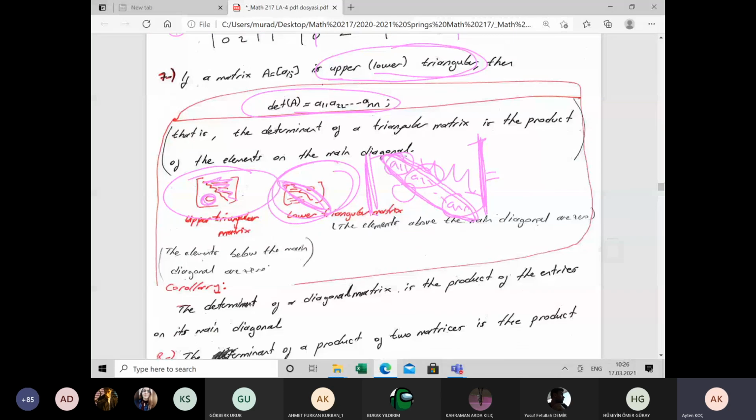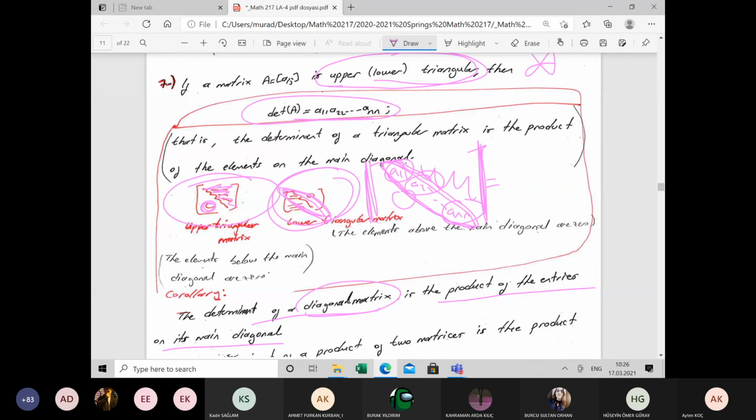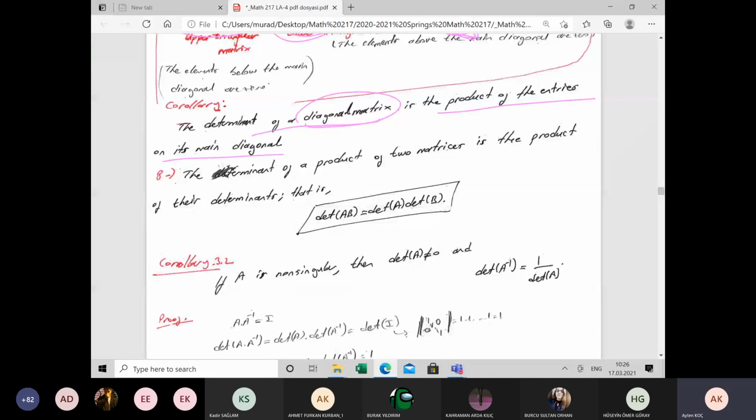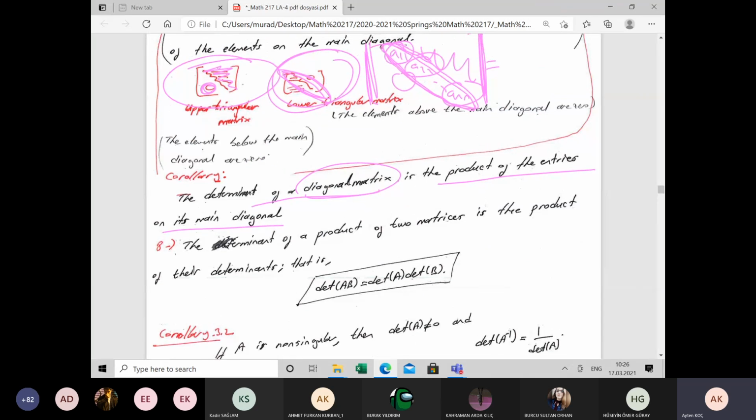Take the diagonal matrix, because we know that a diagonal matrix is also lower and upper triangular. So use this property. We can say that the determinant of a diagonal matrix is the product of all entries on its main diagonal. It's okay. And also the last property: take two matrices A and B and compute the product, and then we obtain a new matrix.